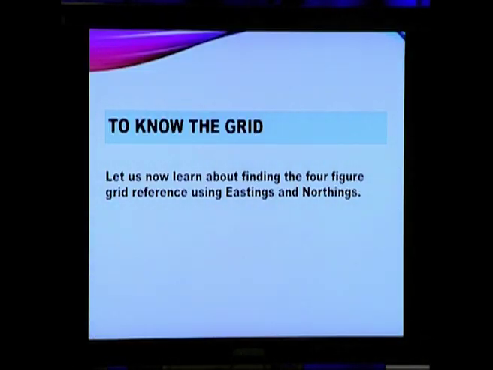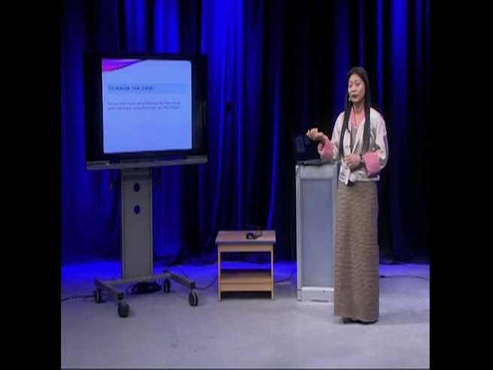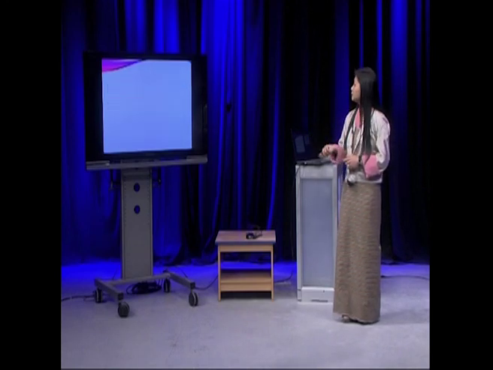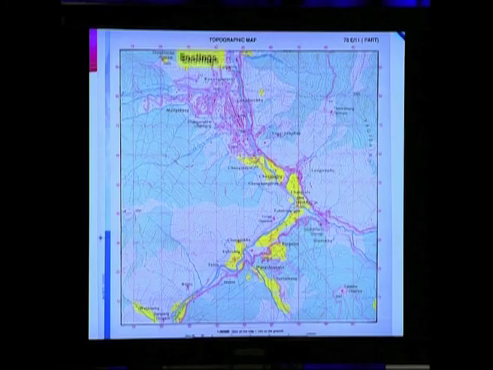Okay, let's see what are eastings and northings, and also find 4-figure grid using eastings and northings. Okay, eastings. Eastings are lines running from north to south.